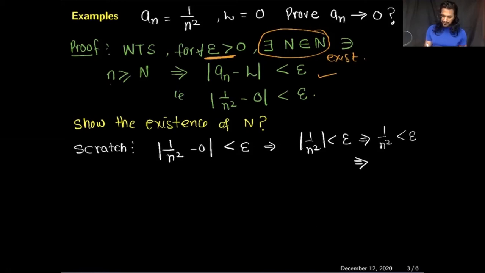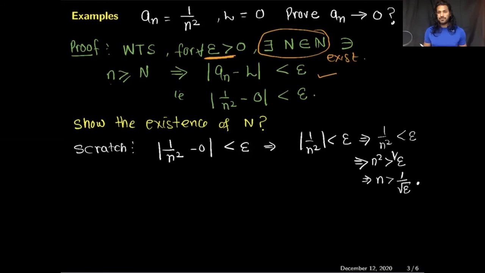If I take the reciprocal of this inequality, I will get n squared is strictly greater than 1 over epsilon, and from here I get n is strictly greater than 1 over the square root of epsilon.